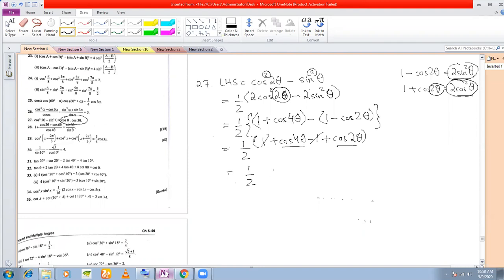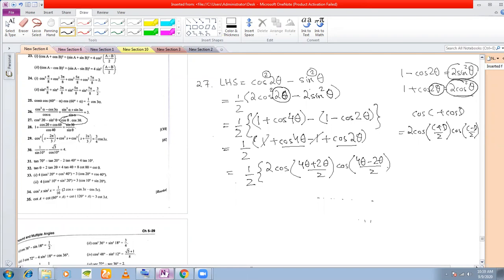Now remember cos C plus cos D, changing of this sum to a product. Cos C plus cos D is 2 cos (C plus D) by 2 cos (C minus D) by 2. So cos plus cos here will be 2 cos (4 theta plus 2 theta) by 2 into cos (4 theta minus 2 theta) divided by 2.